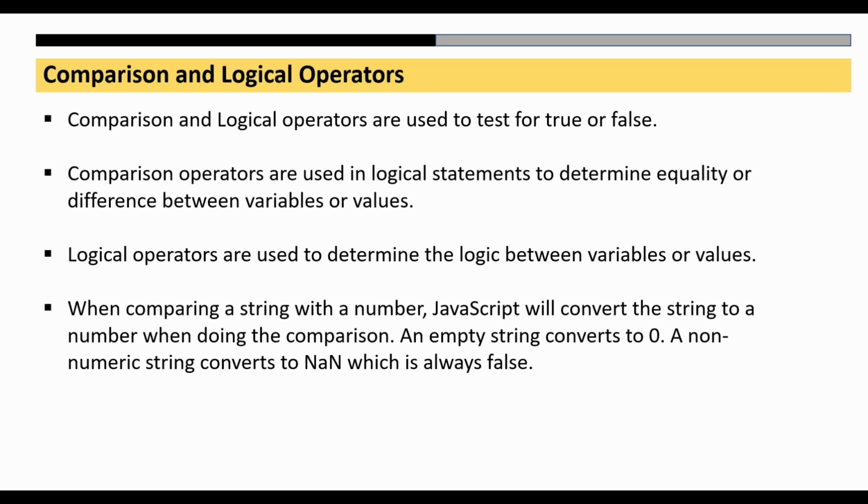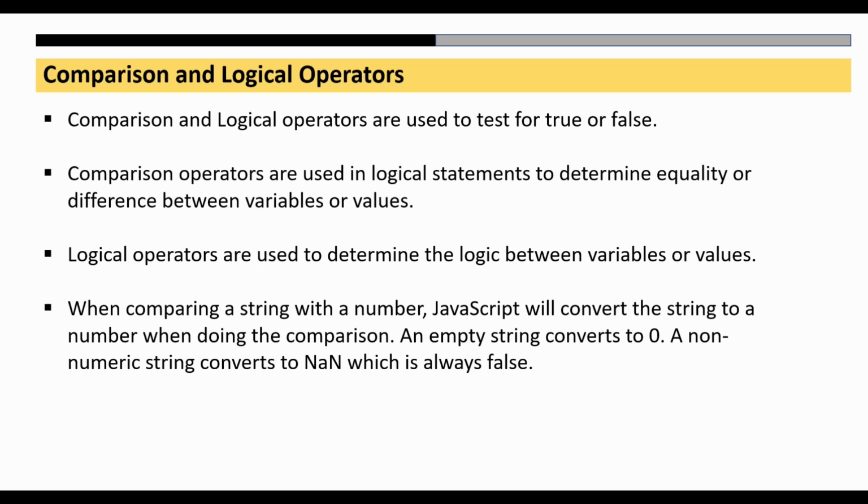That equal to sign is a comparison operator. Comparison operators are used in logical statements like x equal to y, x not equal to y, to determine the equality or the difference between variables or values.